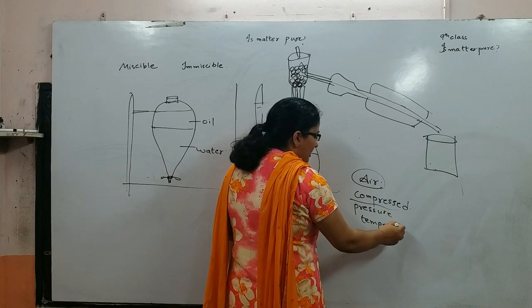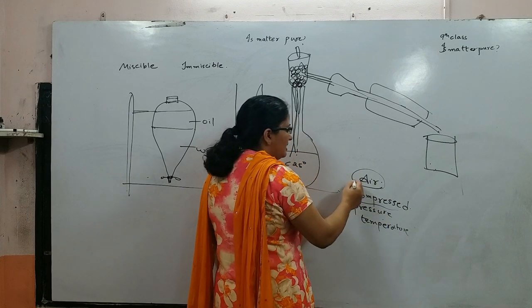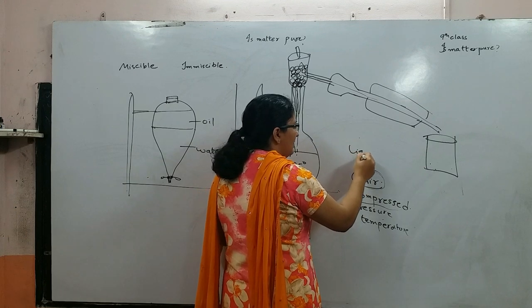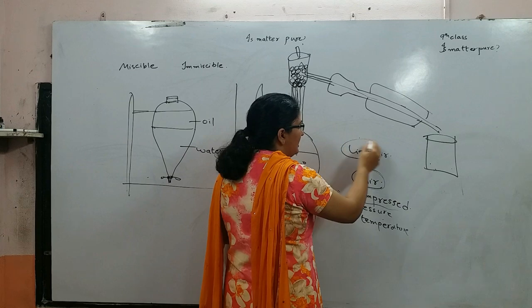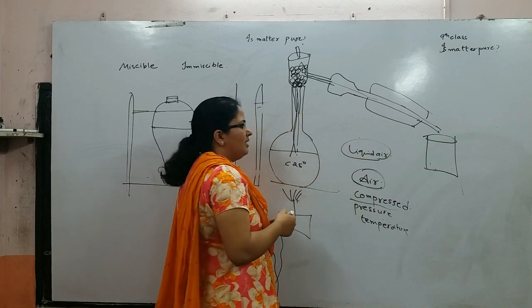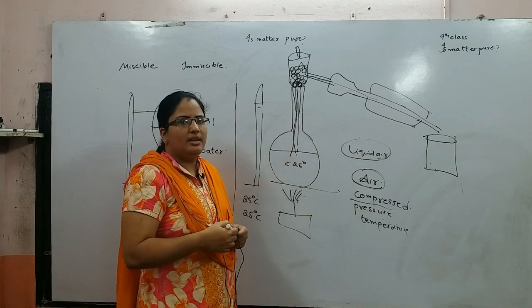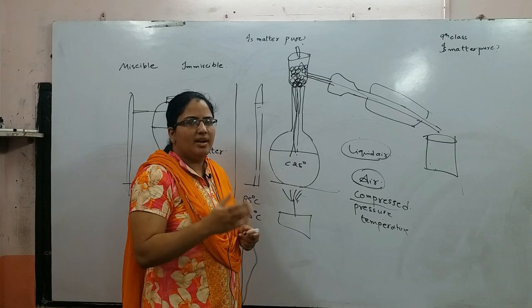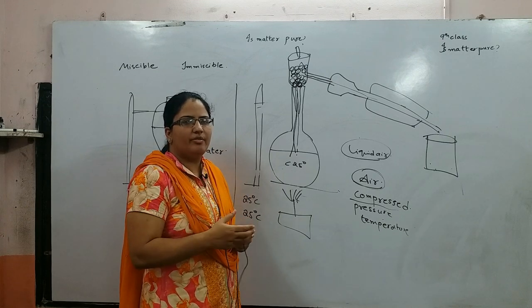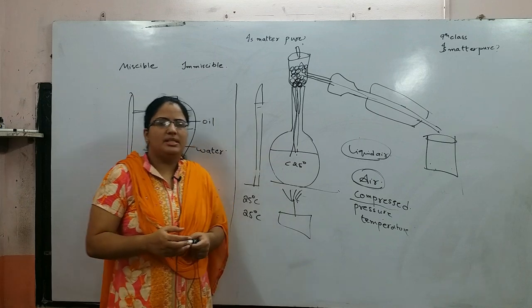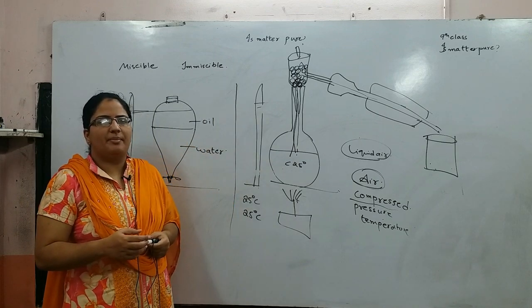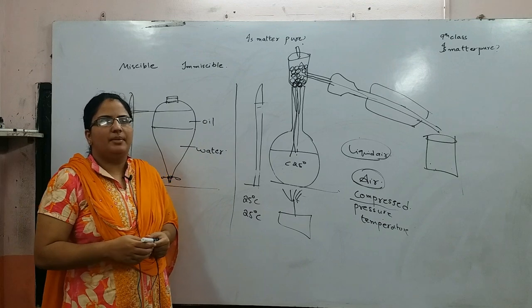When the temperature is decreased and the pressure is increased, air converts into liquid air. Once it gets converted into liquid air, we start supplying heat to it. When we start supplying heat, one gas separates out of the air. So here also we are using a distillation procedure to separate different gases from air.